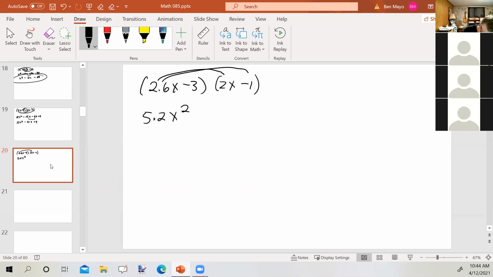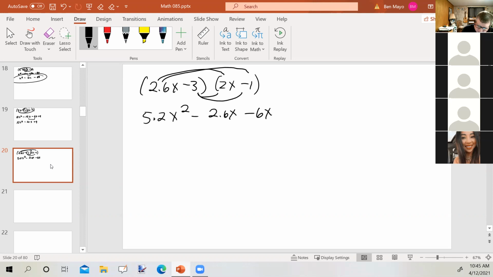Then 2.6x times minus 1 is minus 2.6x. Minus 3 times 2x is minus 6x. And minus 3 times minus 1 is plus 3. Combining like terms, 5.2x squared minus 2.6x minus 6 more x would be minus 8.6x, and then plus 3.